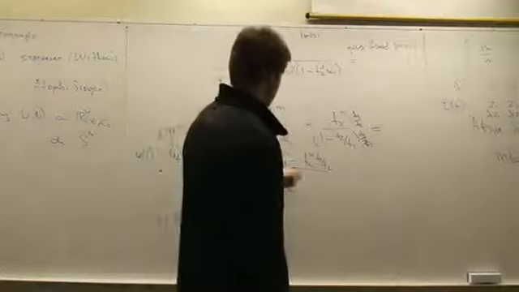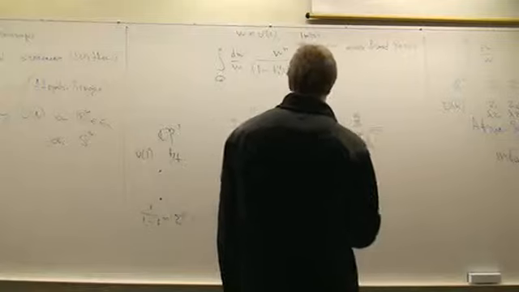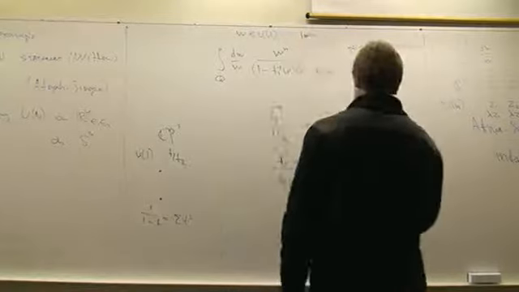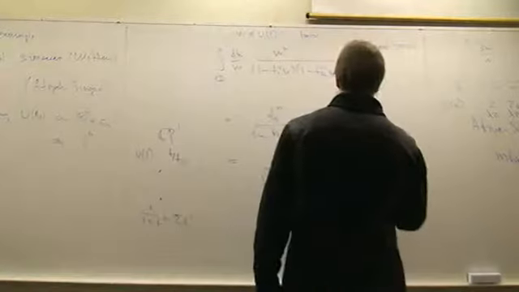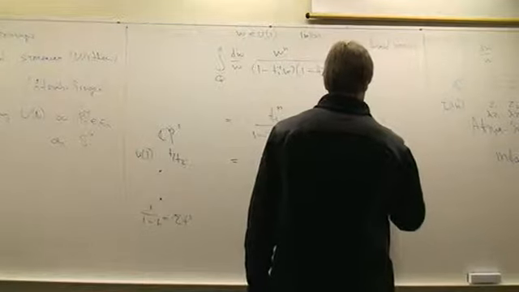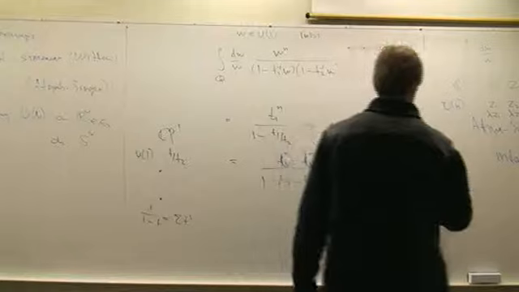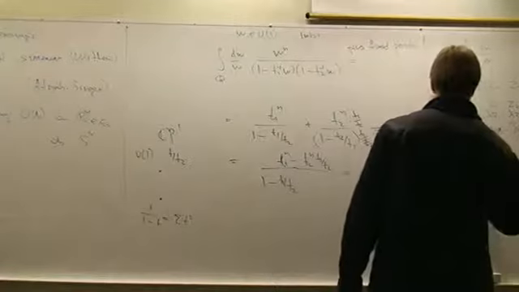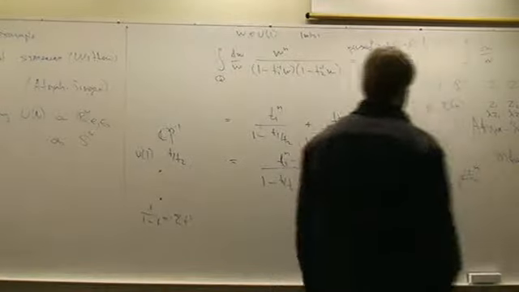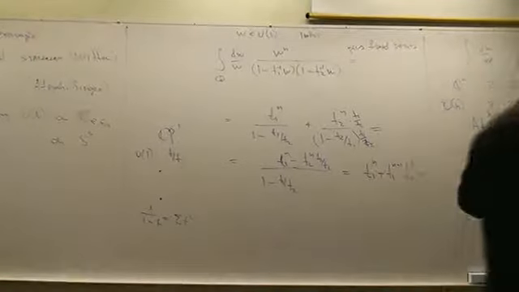Then just expand that. The answer is going to be t1 to the n plus t1 to the n minus 1 times t2 to the 1, and so on, plus t2 to the n. Maybe I made a mistake somewhere in the algebra, but conceptually you get it.